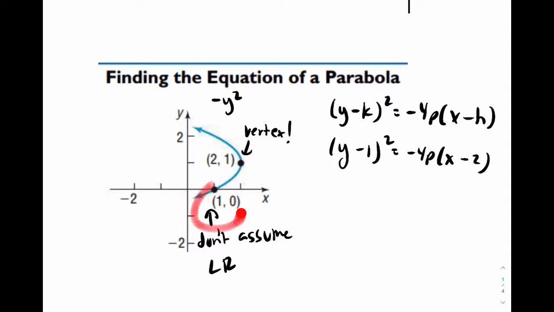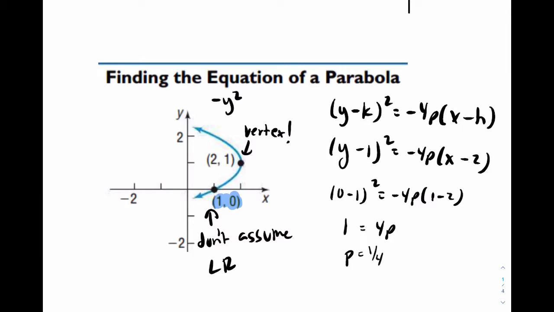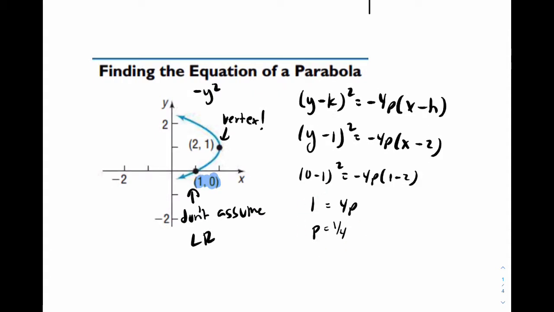All we have is that single point right here. So what do we do every time a situation like this arises? Simply plug the point in. So plug in 1 and 0. So 0 minus 1 squared is -4p times 1 minus 2. That's 1 is equal to 4p. So p is a quarter, or you can think of it as 4p is 1. Either way, this is fine.